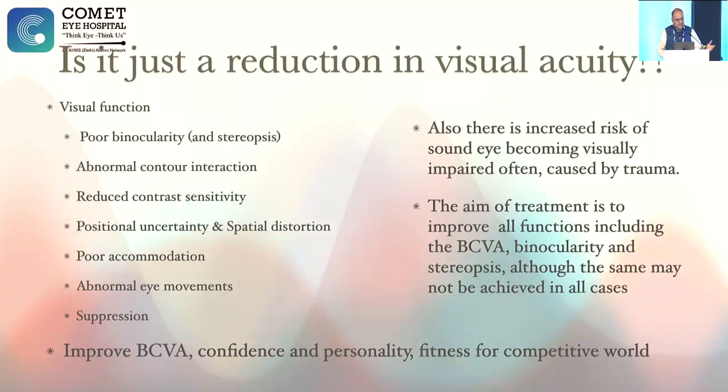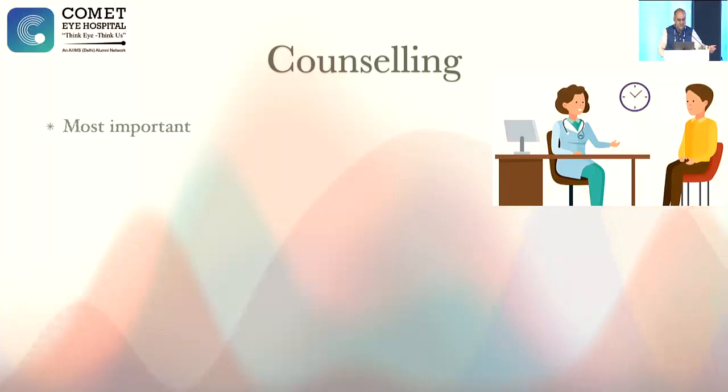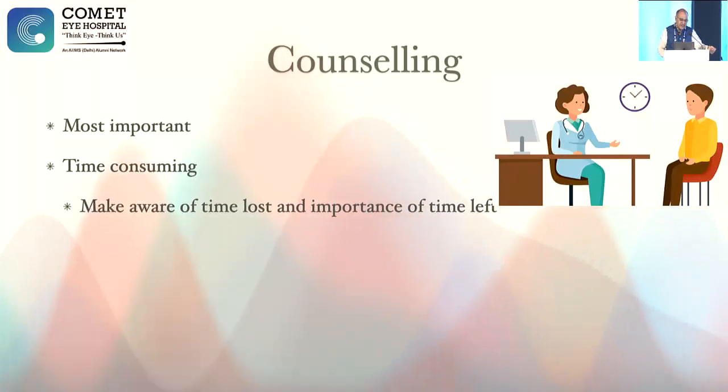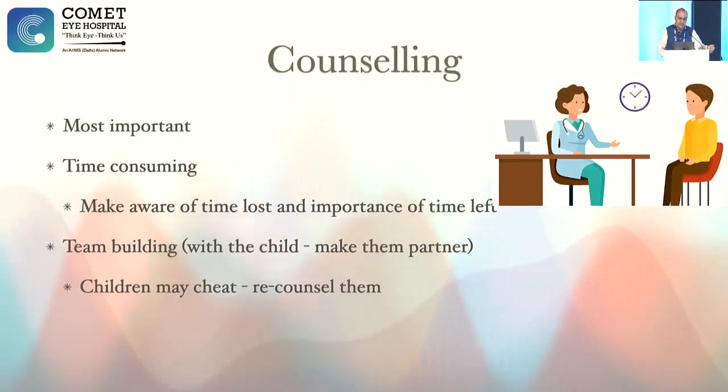The idea in the present day's competitive world is to improve the BCVA, improve the confidence and personality of the child, and make him fit for the competitive world and its future medical examinations. So counseling is the most important. We have to give chair time to the patient, make them aware of the time which has been lost and the time left to improve the amblyopia. It's a team-building effort.